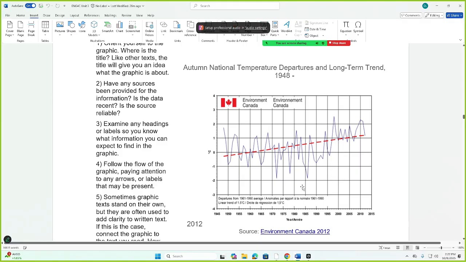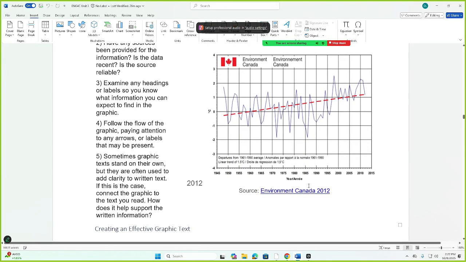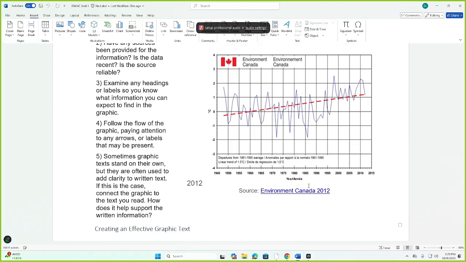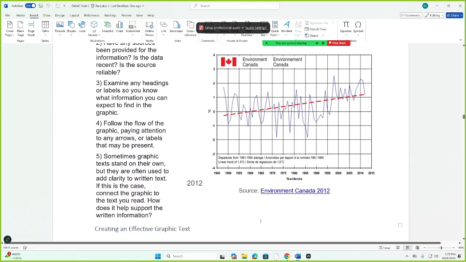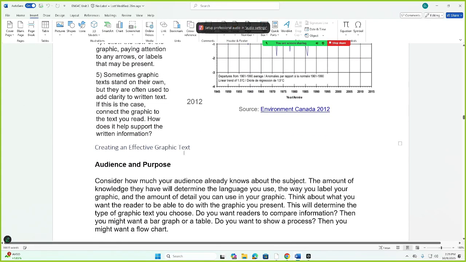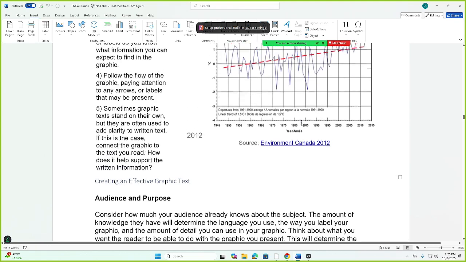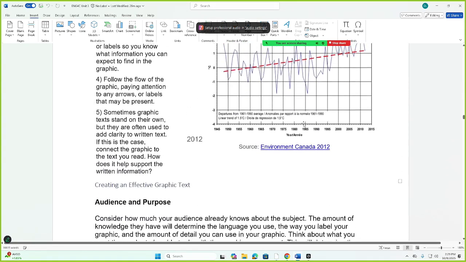So follow the flow of the graphic, paying attention to any arrows or labels that may be present. Number 5, sometimes graphic texts stand on their own, but they are often used to clarify written text. In this case, to connect the graphic to the text, you would have to go and visit the site in that example.